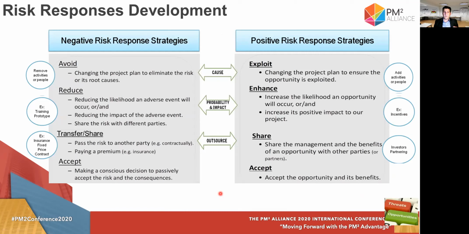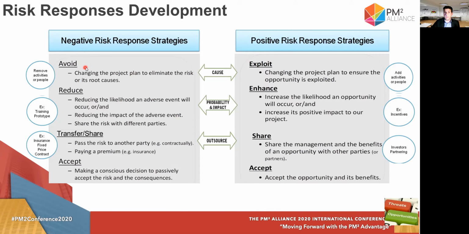On the left of the slide, you can see the responses about the threats, and on the right about opportunities. Usually what we want is to avoid all the threats and of course exploit all the opportunities. But this is not realistic.